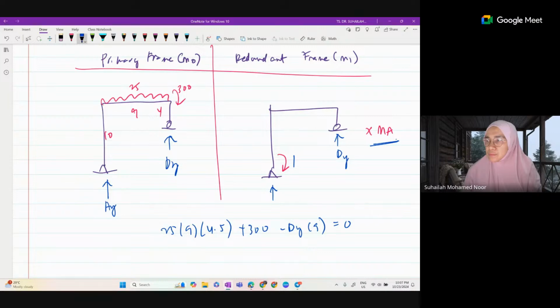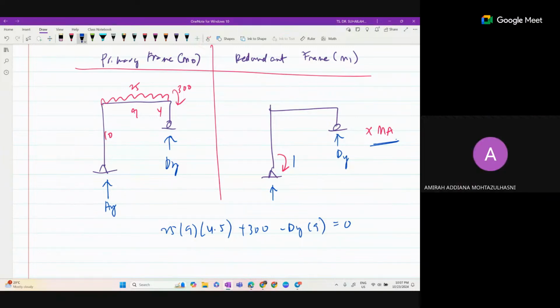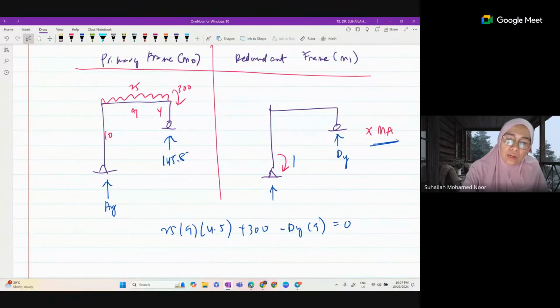Come on, what is the DY value? It is 145.83. Okay, the rest you get the same. So what is the value for AY?